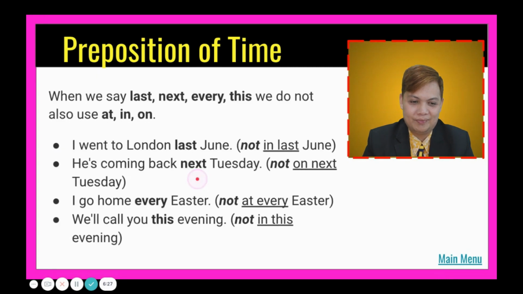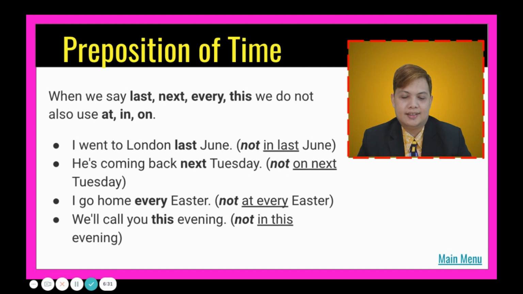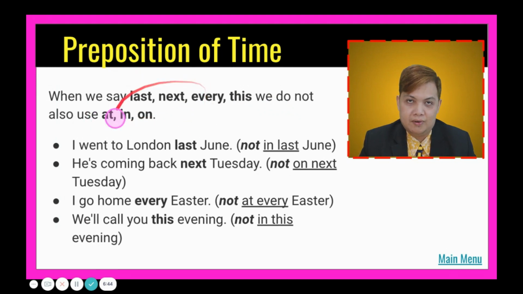Let's move on. Now, when we say last, next, every, and this, we do not use at, in, and on anymore, like in the following sentences. I went to London last June.